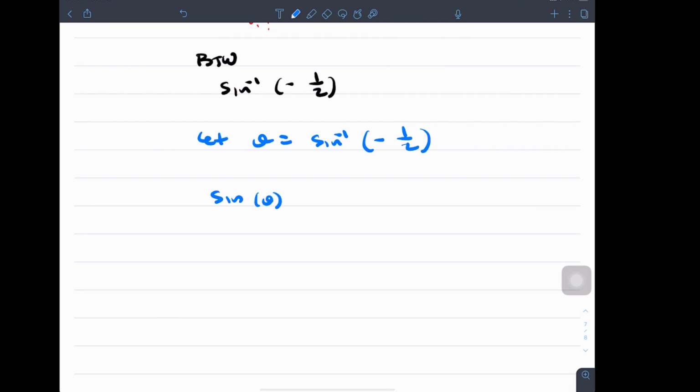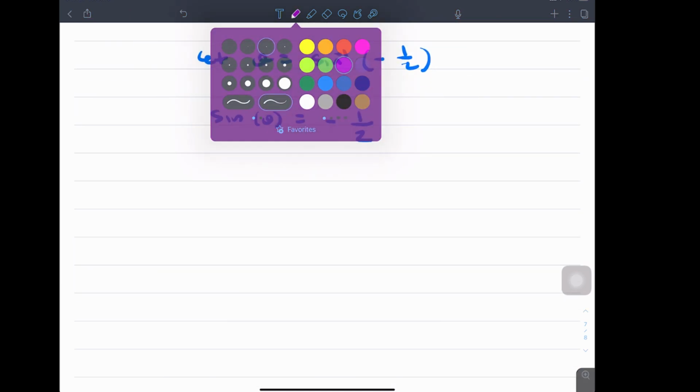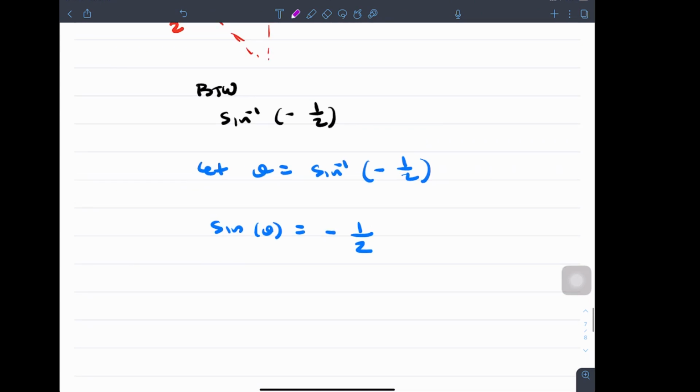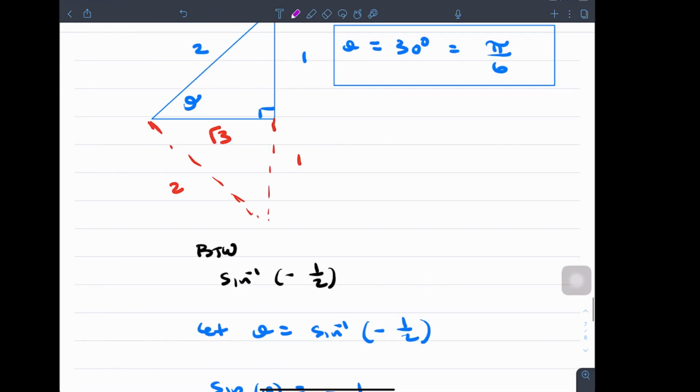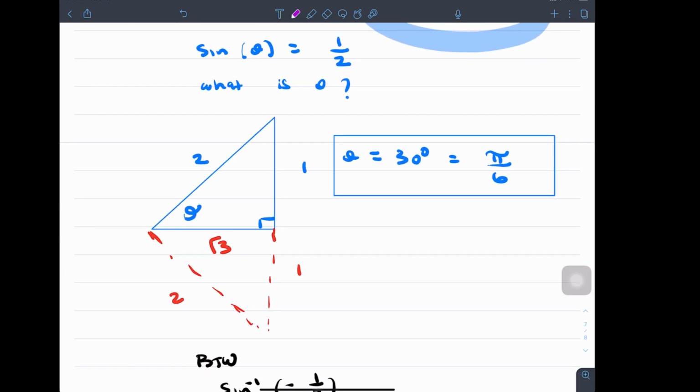You get sine theta equal to negative 1/2. You guys remember this? So, what does that now mean? What's the difference between this question and the one we just did? There's 1 major difference.